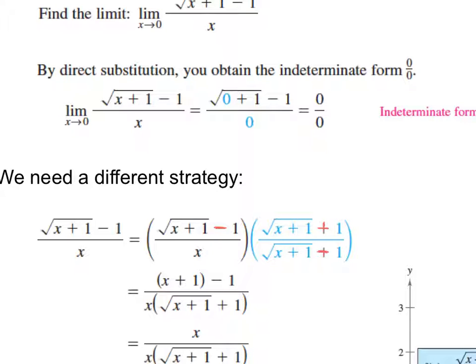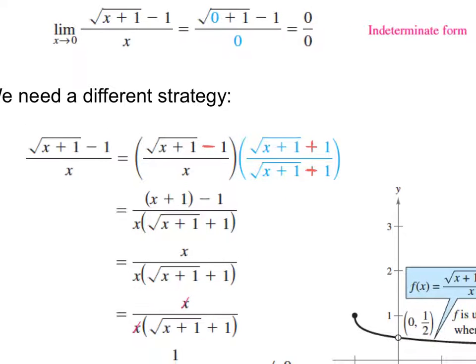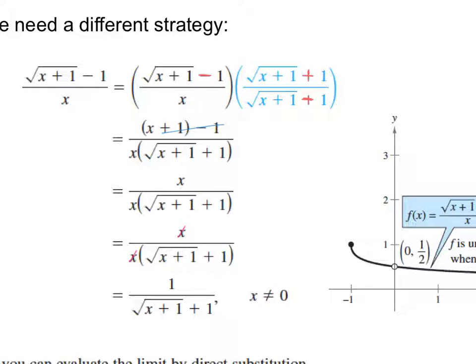Now the whole point of doing that is so that once we simplify the numerator, x plus 1 minus 1, those cancel and that's just x. And notice in the denominator we've got an x as well, so those can reduce out. The x's reduce out. And now, yes, we have something with a radical in the denominator, but we have something that when you plug in 0, you don't get 0 over 0 anymore.